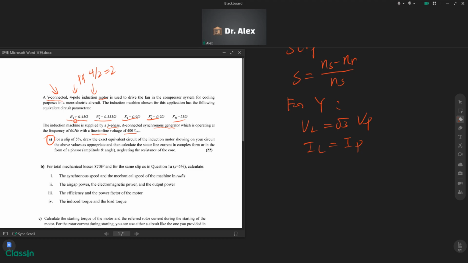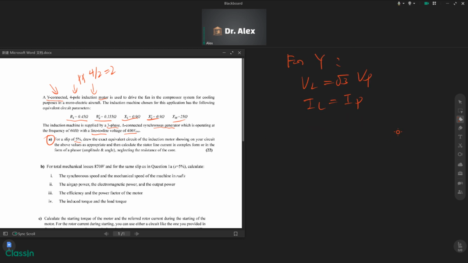It gives us the value of slip, which is 5%, and lets us draw the equivalent circuit of the induction motor. So I think this answer is quite straightforward because basically the structure for the induction motor is the same as a transformer, right?